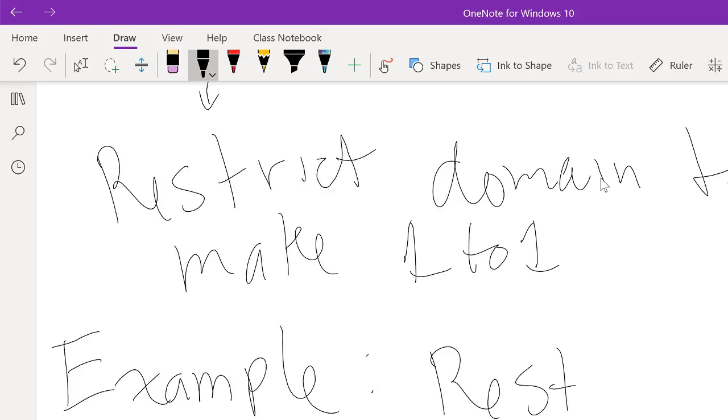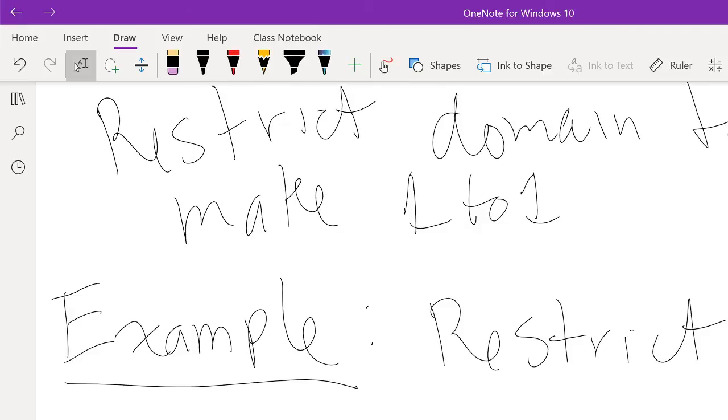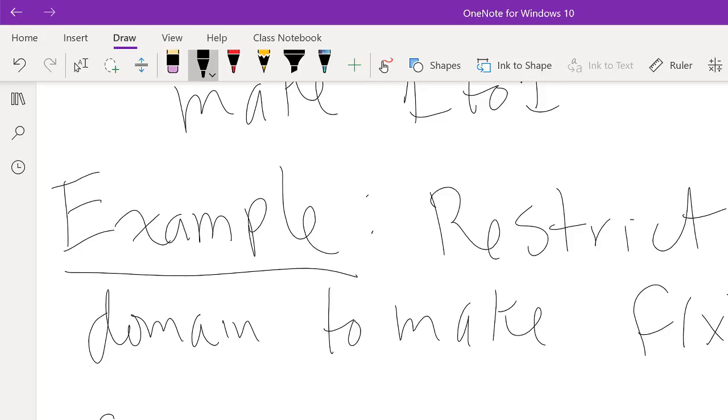Restrict the domain to make f of x equal to 2x squared minus x to the fourth a one-to-one function.